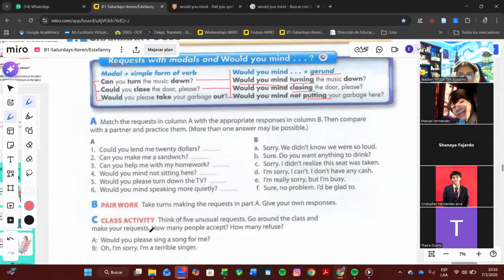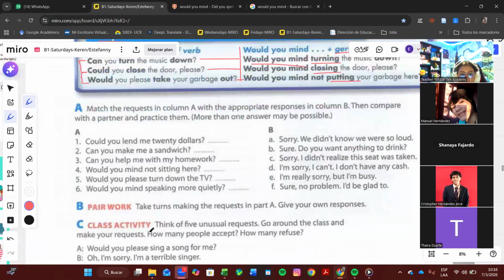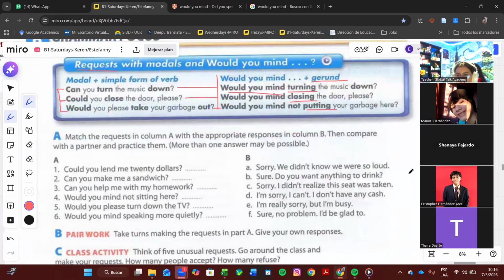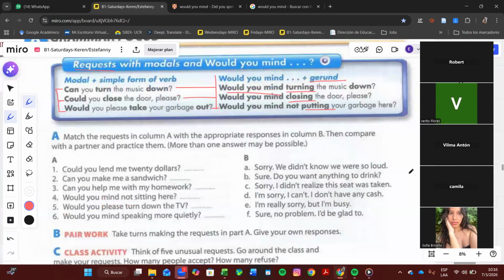So we have a matching exercise, okay? So what about the first one? Let me ask someone that hasn't said anything, maybe Vilma. What do you think about the first one? Could you lend me $20? So which one would be the best answer for that? It could be which one?